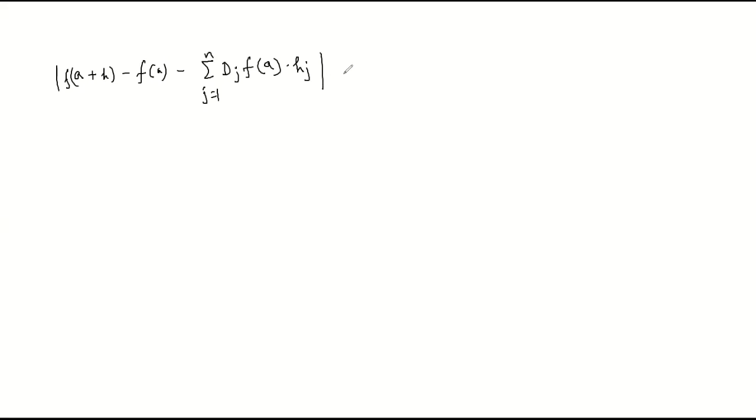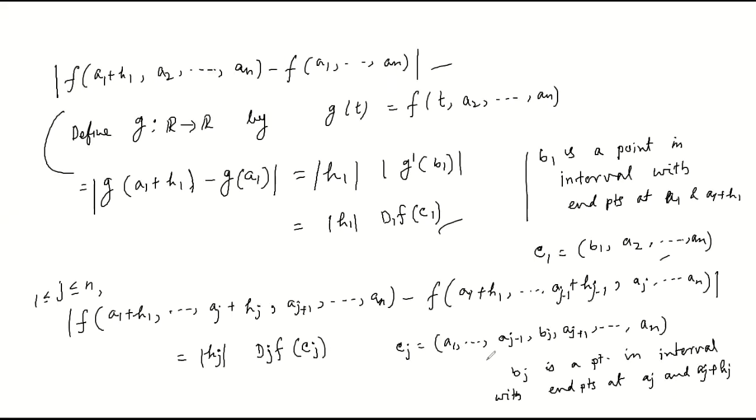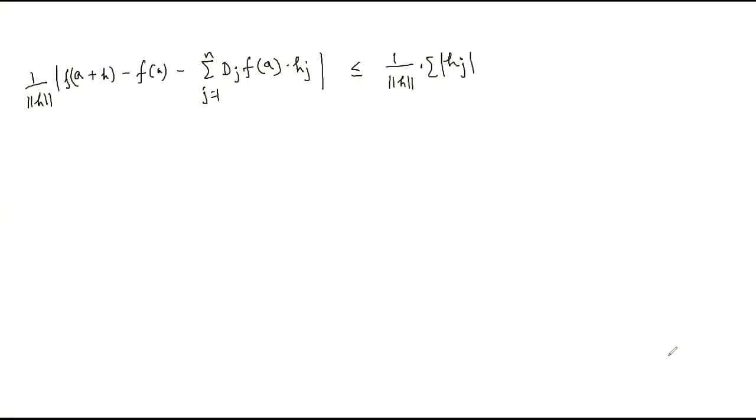Well, this is less or equal to 1 over norm of h times the summation of hj mod of hj times dj f of cj minus dj f at a.